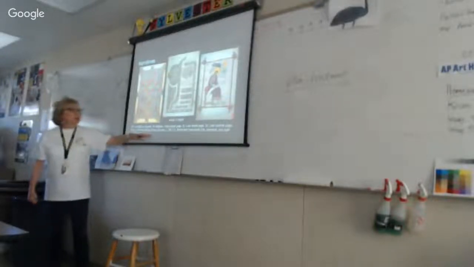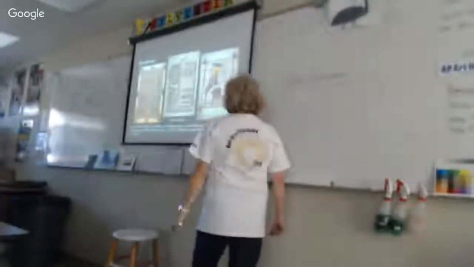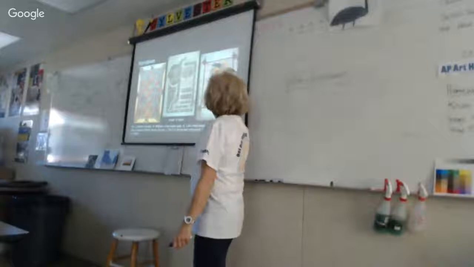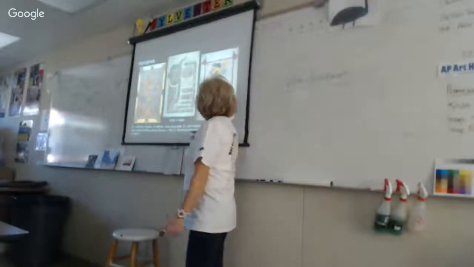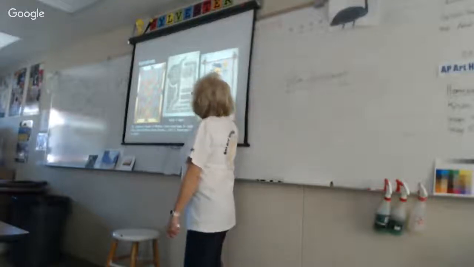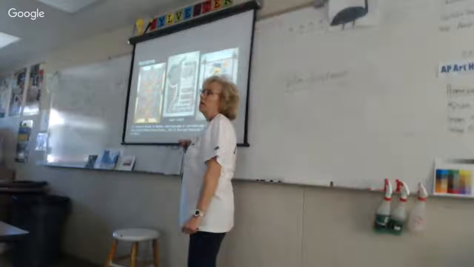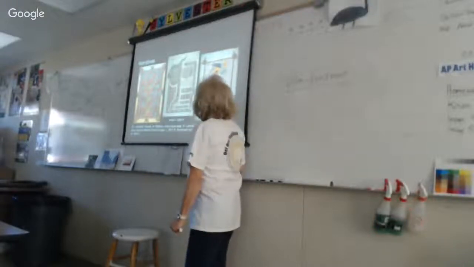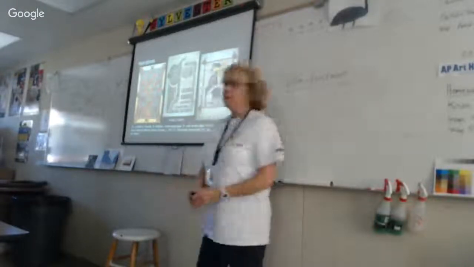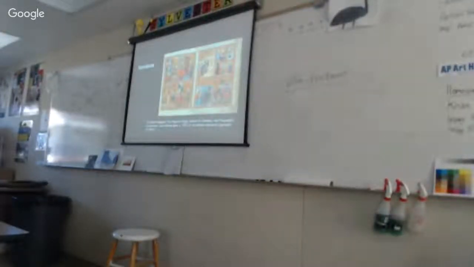So illumination always means decorated. There are plenty of manuscripts out there, but they're not that interesting to art historians because they're just manuscripts. Once you illuminate them or start creating illustrations to go with it, then art historians get excited. So it's important to understand the difference in these because we're moving on to yet more manuscripts.